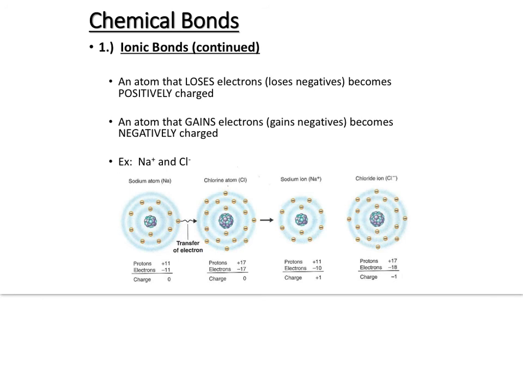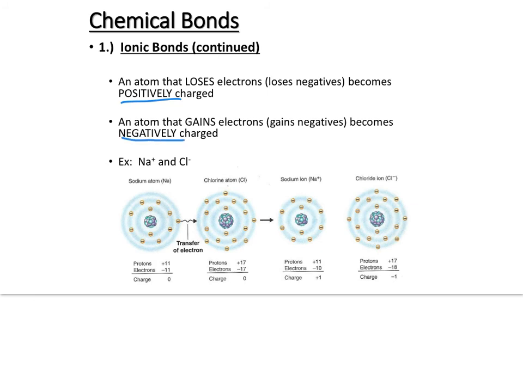So, if an atom loses an electron, gives away a negative, it becomes positively charged. If an atom gains electrons or gains negatives, it becomes more negative, so it becomes negatively charged.